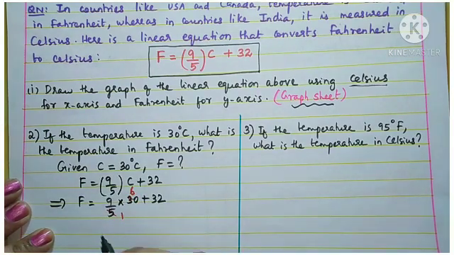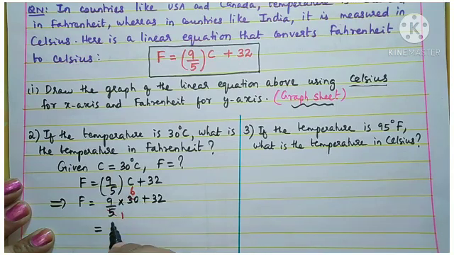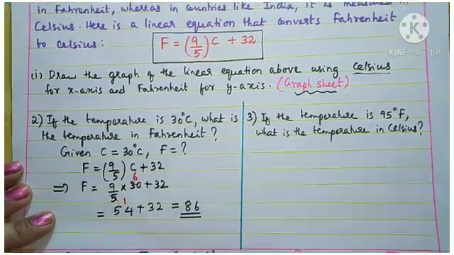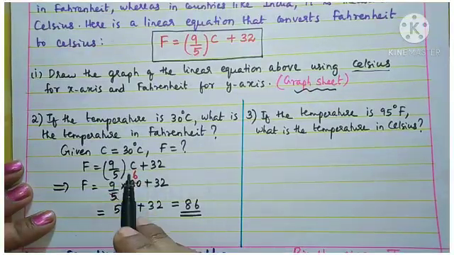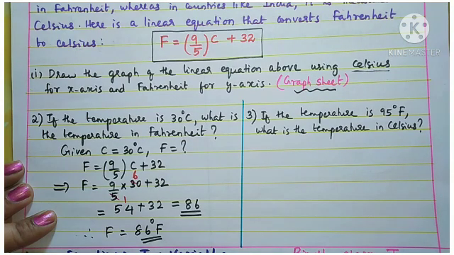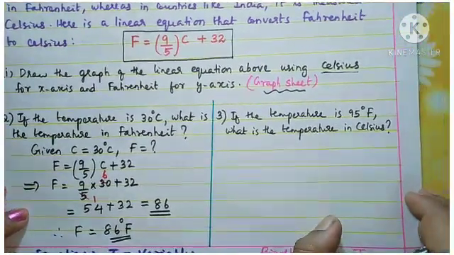So 9 into 6, 54. And 54 plus 32 is 86. So when you substituted the Celsius value as 30 degrees, we got the F value: 86 degrees Fahrenheit. So that is the scale for the corresponding 30 degrees Celsius.